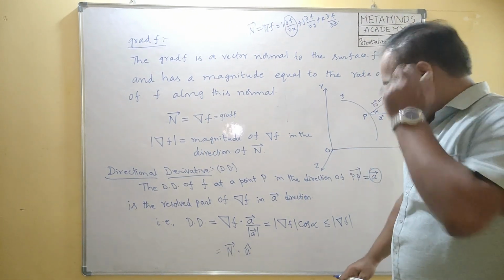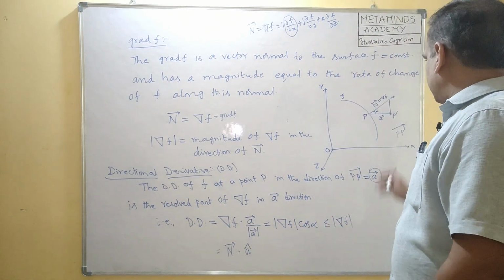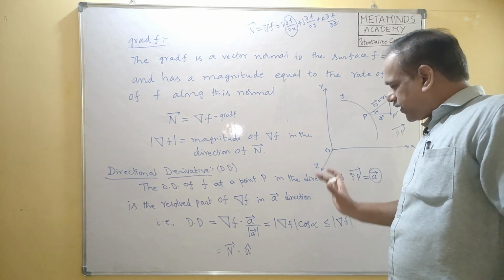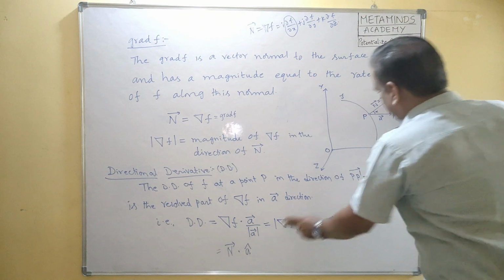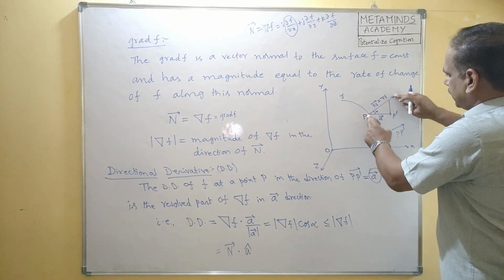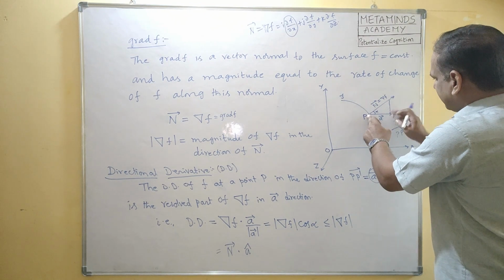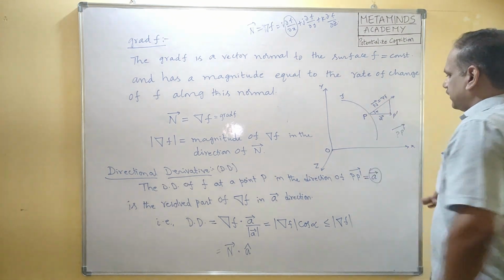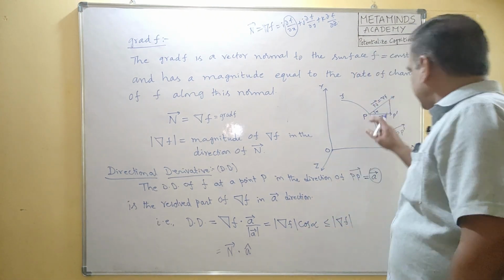And it is actually given by mod del f into cos alpha. That means it is the resolved part of del f. Mod del f is the magnitude of del f, and the projection of del f on a bar has a reduced length. That length is given by mod del f multiplied by cos alpha.